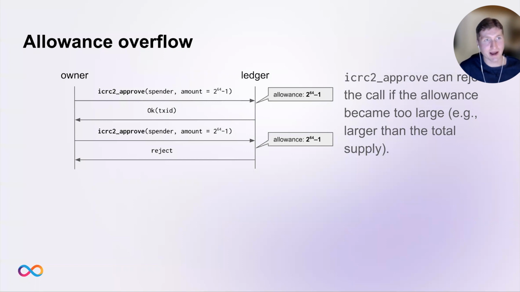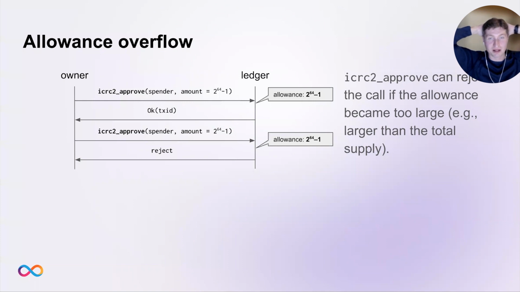There is a new attack on the ledger if you approve a very large amount, like 1 billion zeros, it will consume a lot of ledger space just to keep this huge number. So we decided to explicitly specify in the specification that the Ledger can reject your request if your allowance is just too large to keep in Ledger memory.